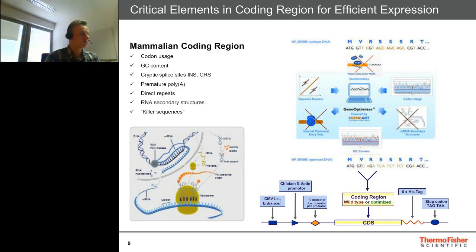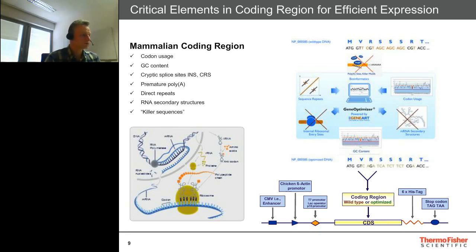So, and here are the parameters that I just quickly spoke about that we were taking into account, and that we are always taking into account when we are optimizing genes, right? So it's not only codon usage, it's the GC content, splice sites, poly A sequences, direct repeats, RNA secondary structures, and so-called killer sequences, cryptic sequences.